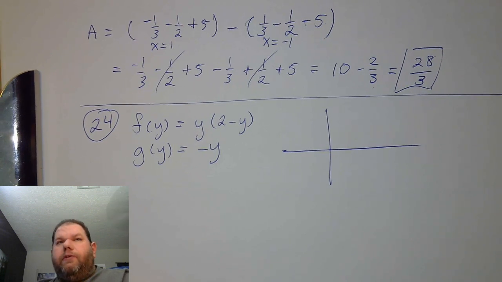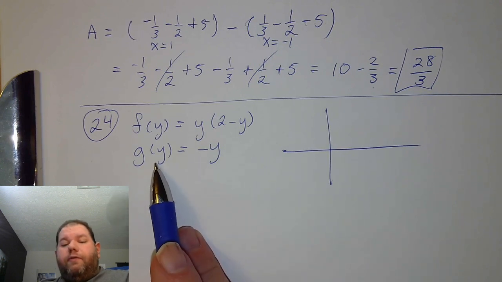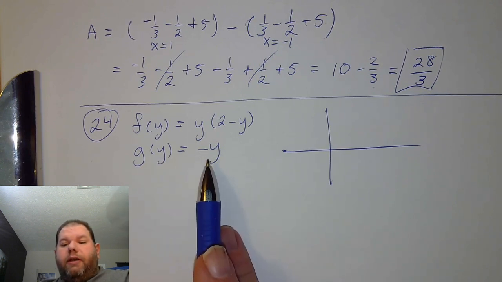It seems a little more scary than if we had functions of x's, but we should be able to manage. So now, first of all, the line g of y equals negative y.